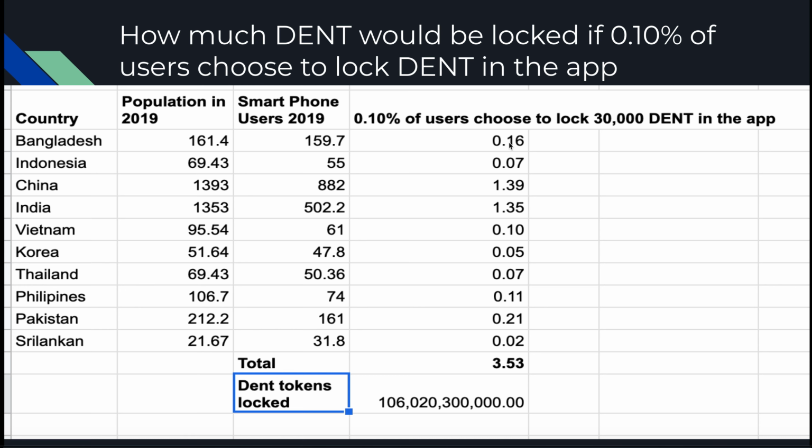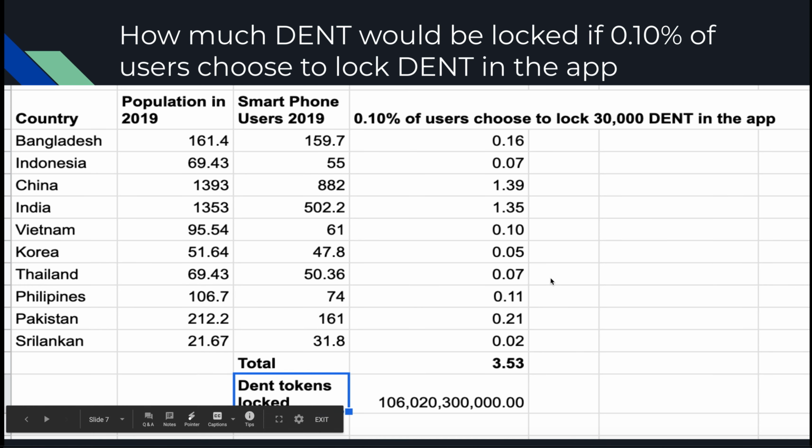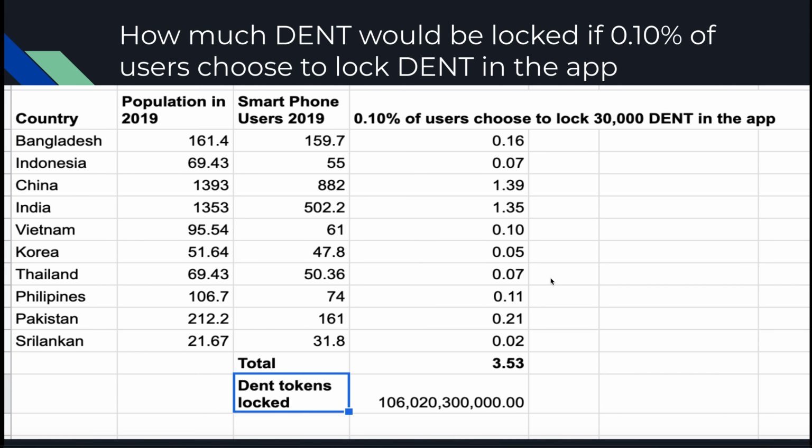If you add them up, that accounts for roughly 3.53 million users. If these 3.53 million users from those 10 countries in South Asia lock 30,000 DENT tokens, that will account for roughly 106 billion DENT tokens.